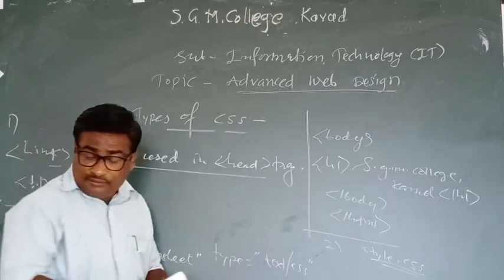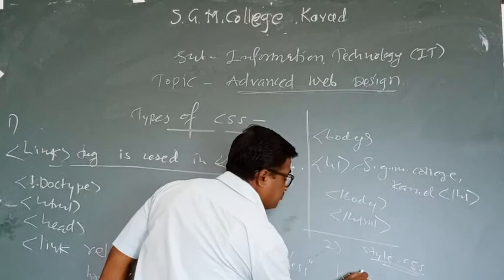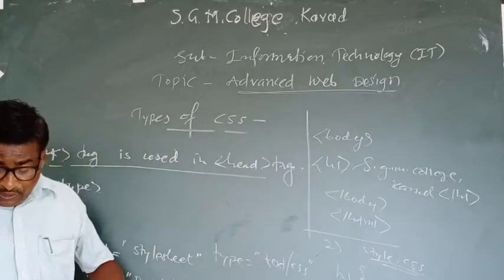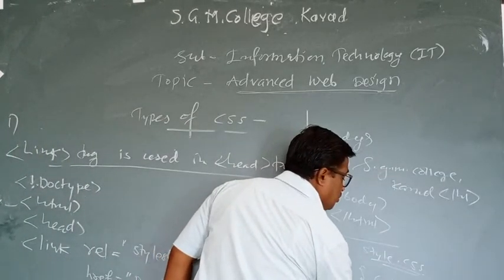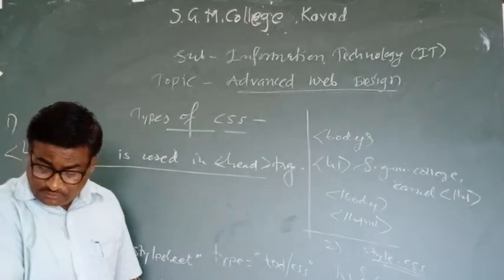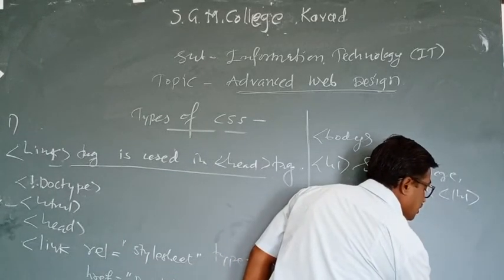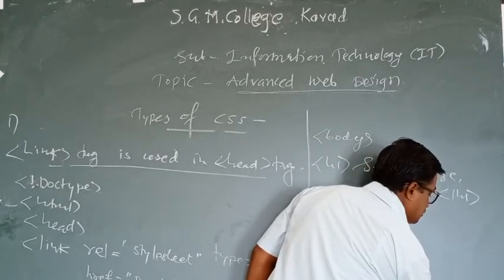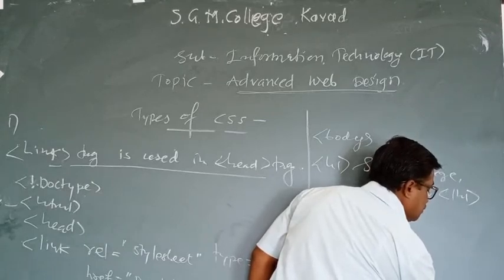Write only a single line: h1 selector, curly bracket, declaration block, properties and values, color blue, second property margin-left, colon, 20 pixels, and end with a semicolon.